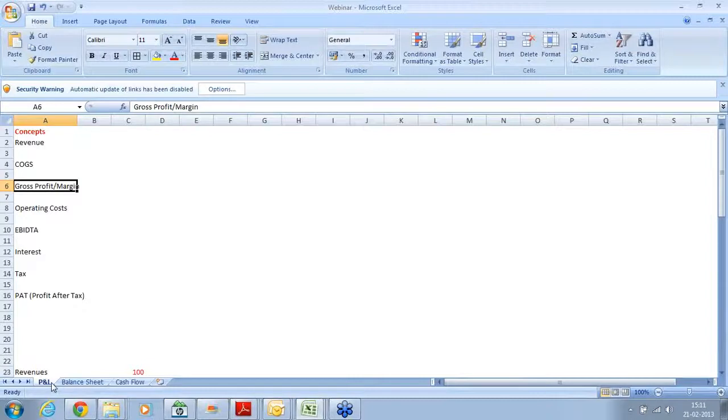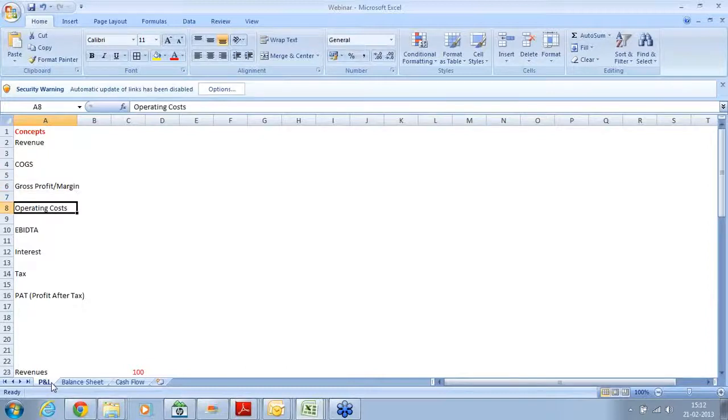That is, either you run a very efficient business such that after your direct costs are removed, you have sufficiently more money to spend on other expenses. But one thing you must keep in mind: if the gross profit margin is negative, that means you are in trouble. In other words, you are selling your product below your direct costs, and that is definitely not sustainable for most businesses. You must keep that fundamental message in mind.